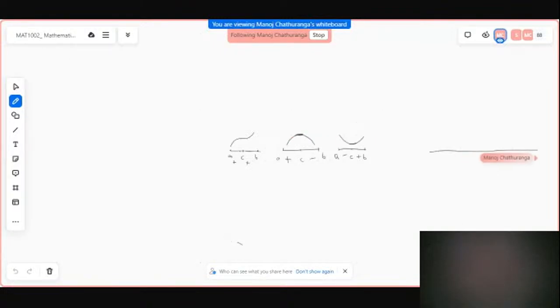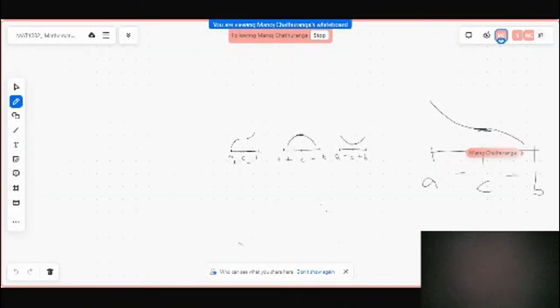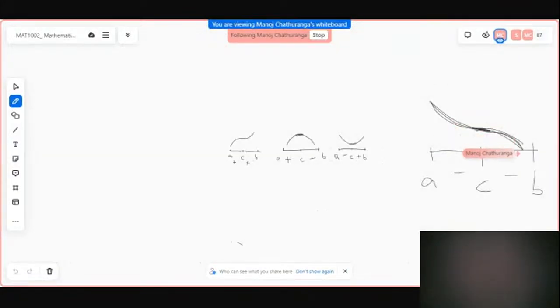Let's say between A and C, yes, it is negative. So the function is decreasing, reaches a horizontal tangent line. Then for some reason it keeps decreasing, something like this.